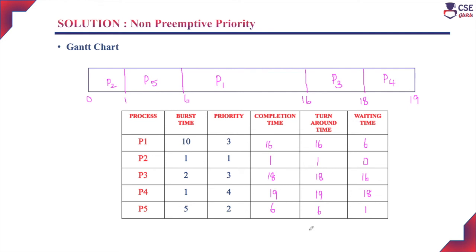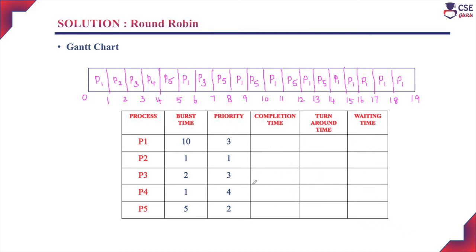Average turnaround time is the sum of the turnaround time for all the processes divided by the number of processes. The sum of the turnaround time is 60, divided by 5. So average turnaround time is 12. And average waiting time is the sum of the waiting time of all the processes, 41, divided by 5. So it is 8.2 milliseconds.